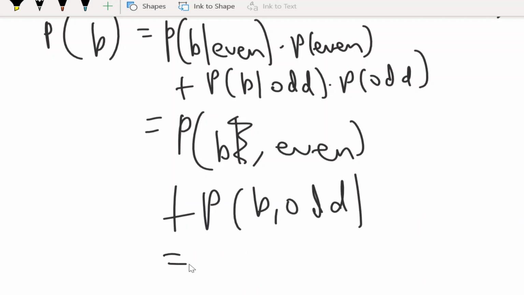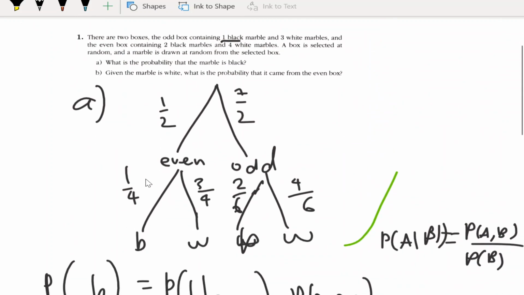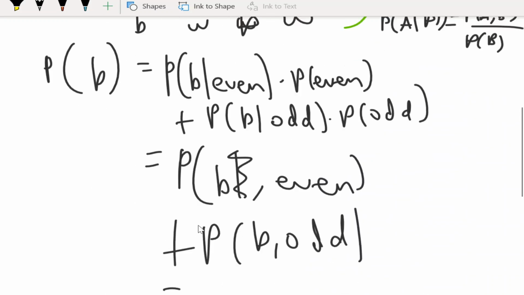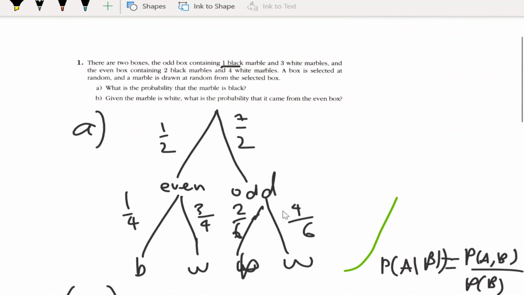From here it's pretty smooth sailing. The probability of black and even is 1/4 times 1/2. Then we do the same thing for the odd one, 1/2 times 2/6.